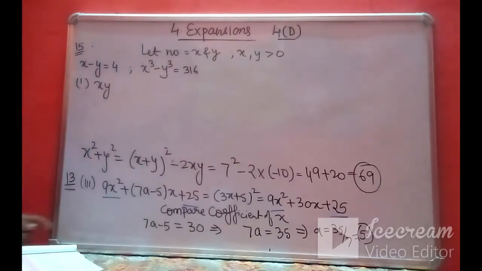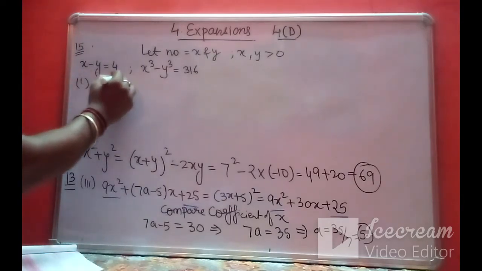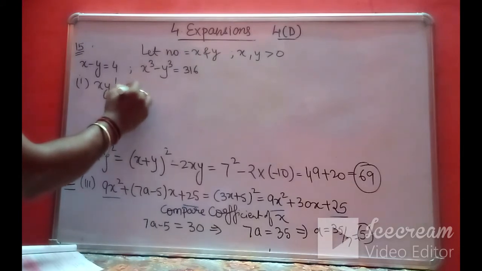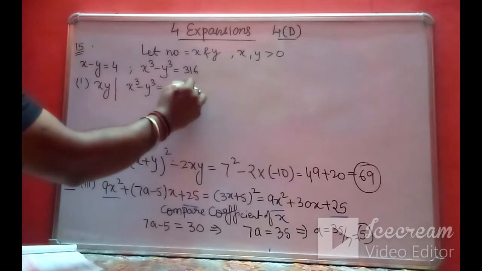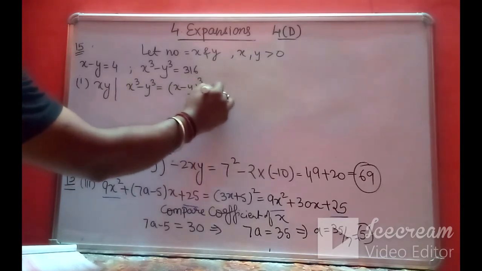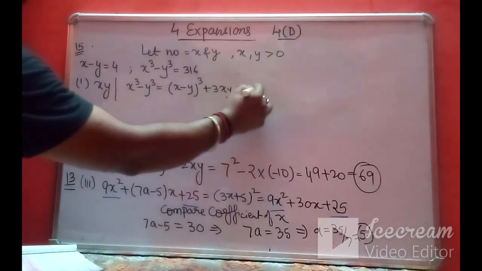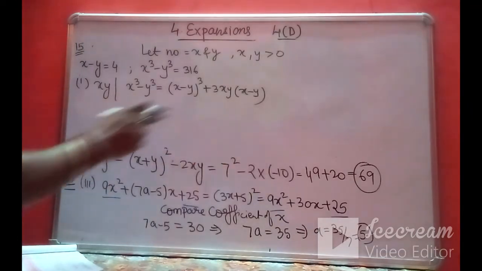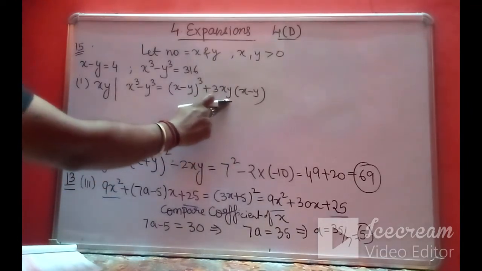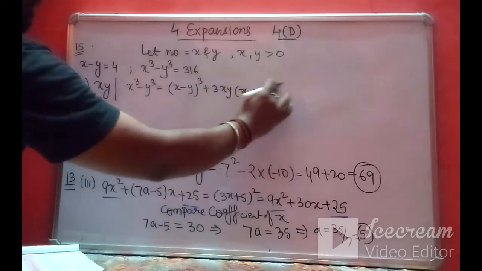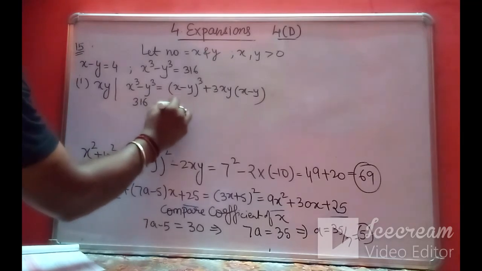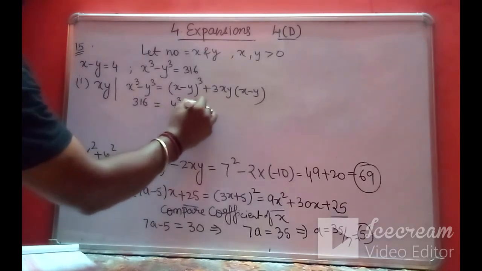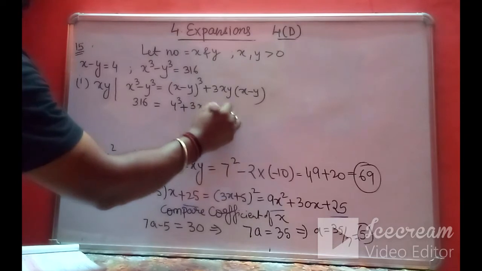The first thing that we have to find in this is their product, that is xy. Like we have solved a few questions before, similarly we will be solving this also. We will write the formula of x cube minus y cube equal to x minus y whole cube plus 3xy into x minus y. From there we will get the value of x into y. So let's put the values. 316 equal to 4 cube plus 3xy into 4.